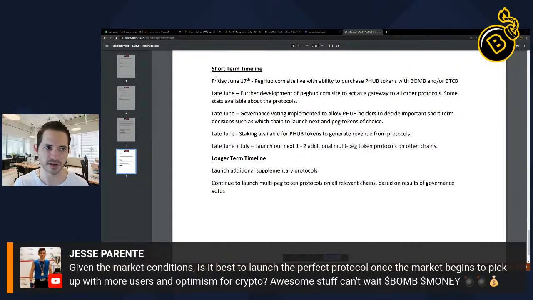And right now the market's looking fairly dismal, but we all have faith it's going to turn around, and I know it's going to turn around. We just don't know what the timeline looks like on that. So we're going to keep doing what we're doing, keep building, and keep building as much hype around what we're doing, and like I keep saying, allowing our users to build up their bags for when the market turns around.